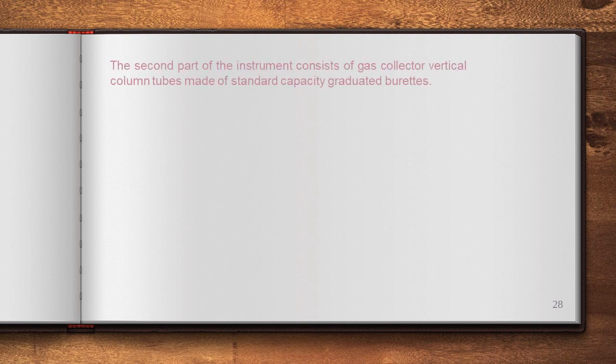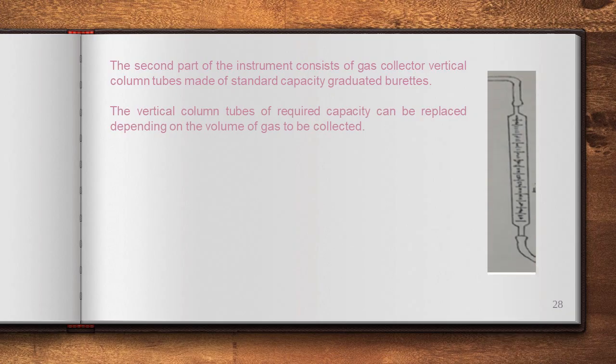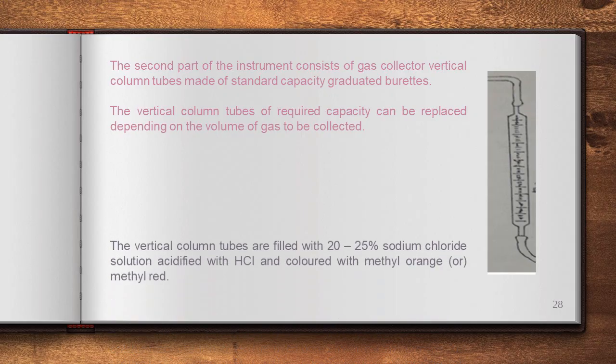The second part of the instrument consists of a gas collector, vertical column tubes made up of standard capacity graduated burette. The vertical column tubes of required capacity can be replaced depending on the volume of gas to be collected.